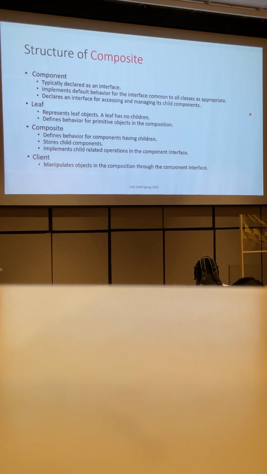All right, so in the structure, the composite pattern would be the component itself, and two types of specific components, atomics or leaves, and composites. And then, of course, we have the client. That would be the driver code that creates the entire object structure.